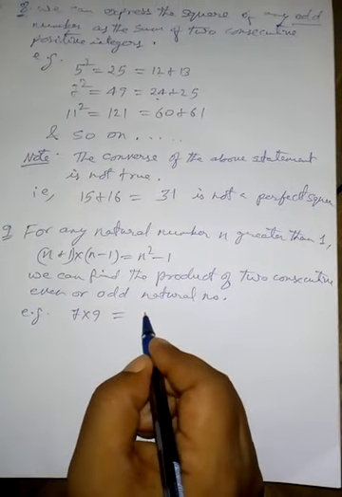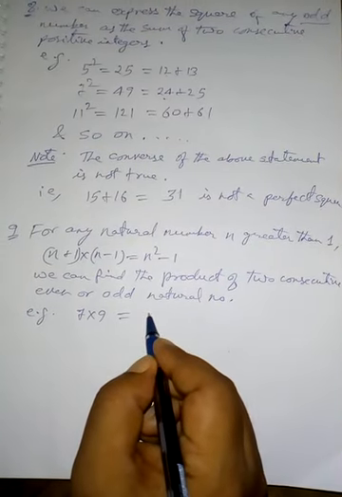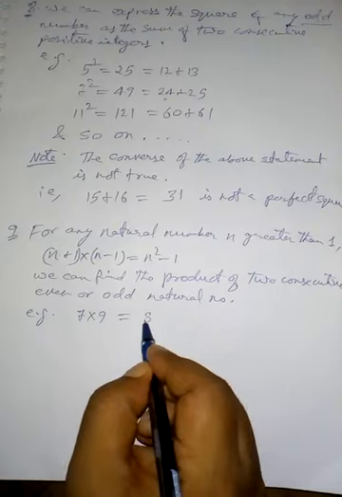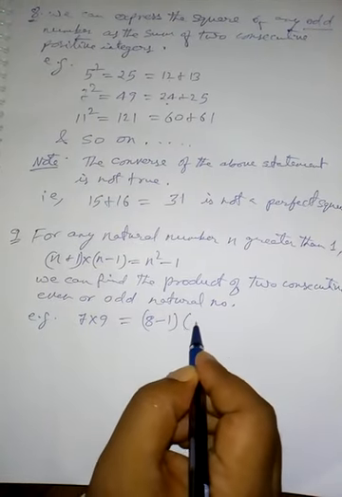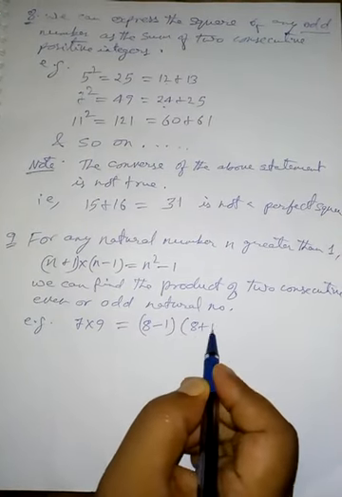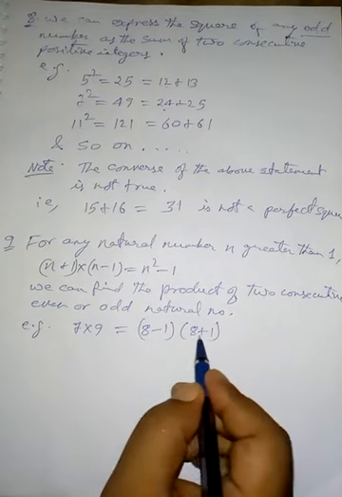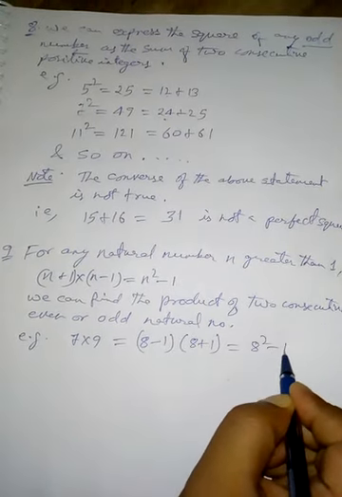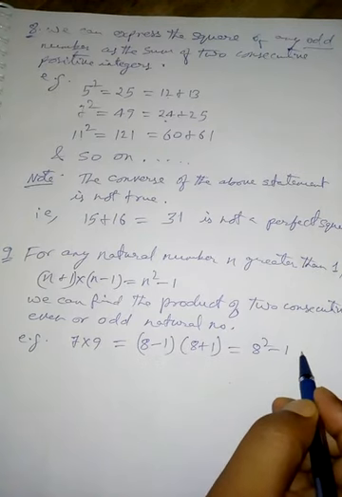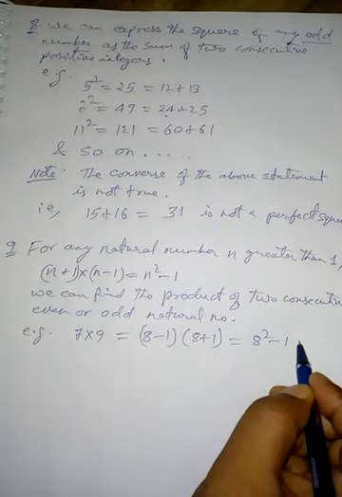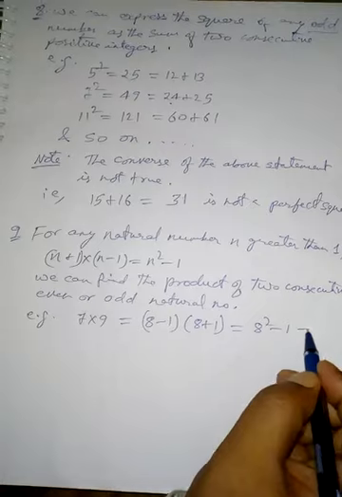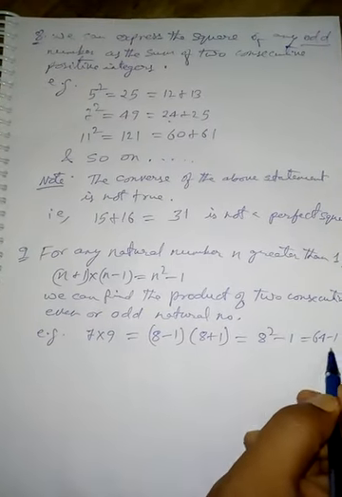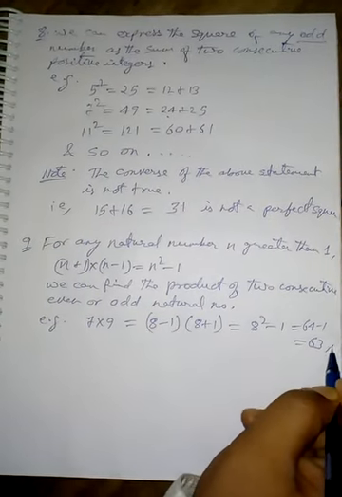The product can be written as 8 minus 1 into 8 plus 1. (a minus b) into (a plus b) is a square minus b square. Here 1 square means 1. So the answer is 64 minus 1, which equals 63.